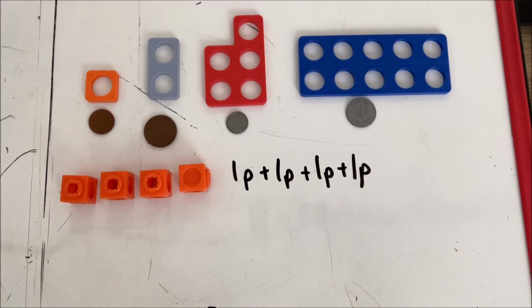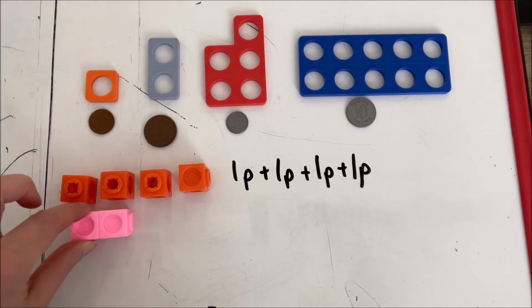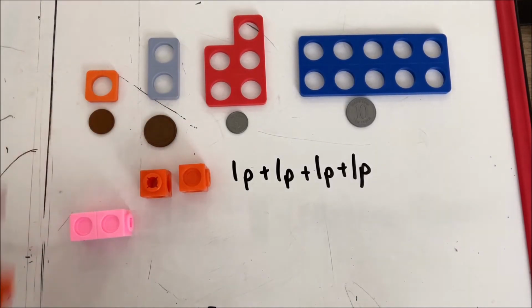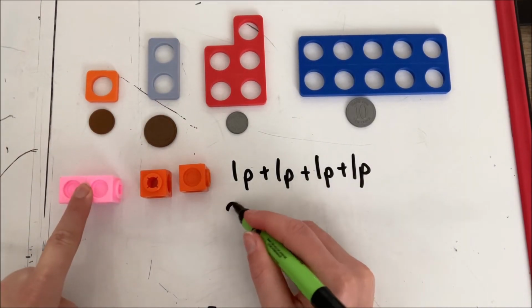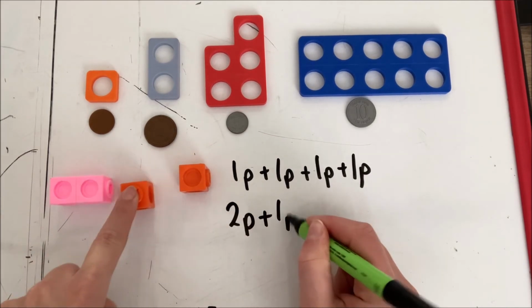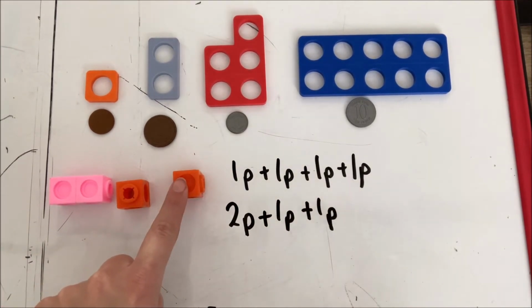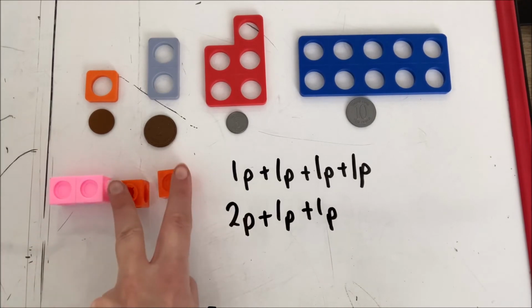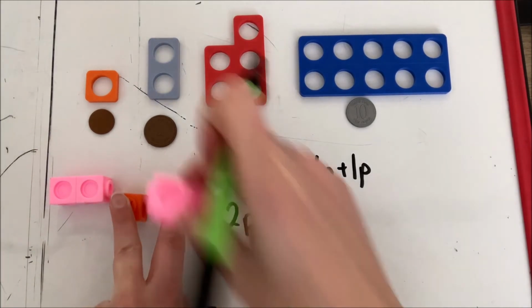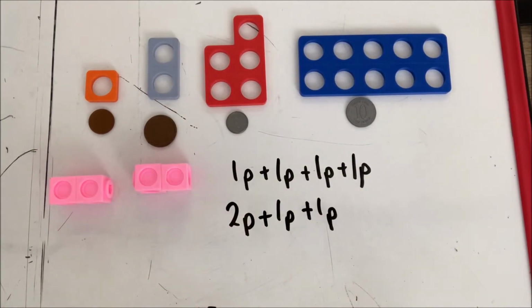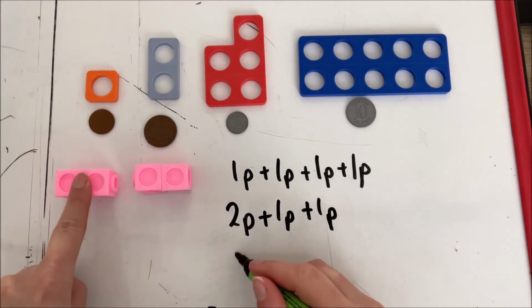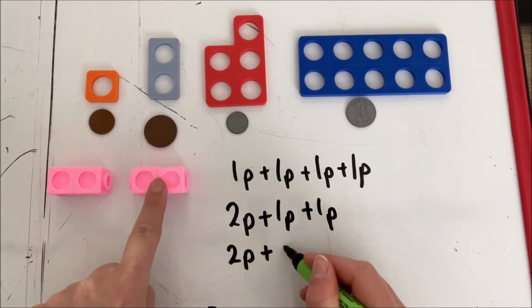I could always swap 2 1p's for a 2p instead. So that would now be 2p, add 1p, add 1p. Or I could even swap out 2 1p's for another 2p. So another way to make 4p using different coins would be 2p, add 2p.